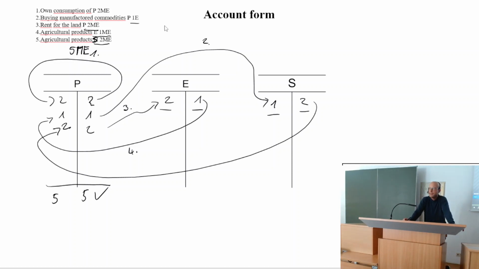Any idea? From which position or from which sector of which signs of the account we have to initialize a flow to another sector so that every account is balanced.